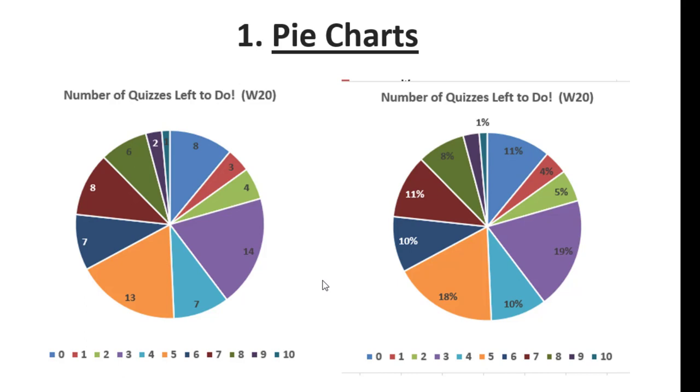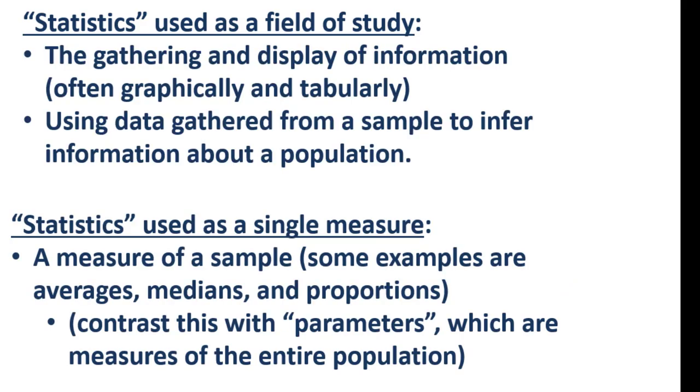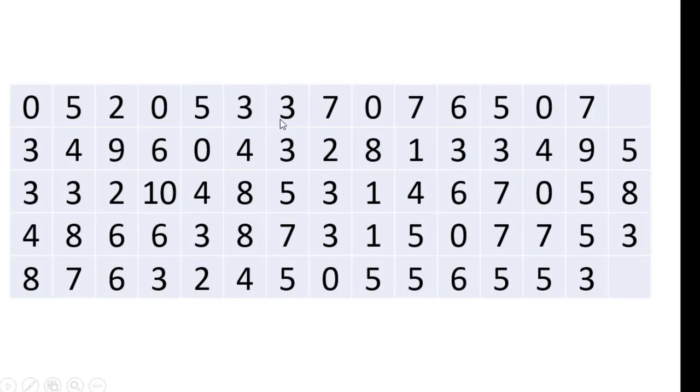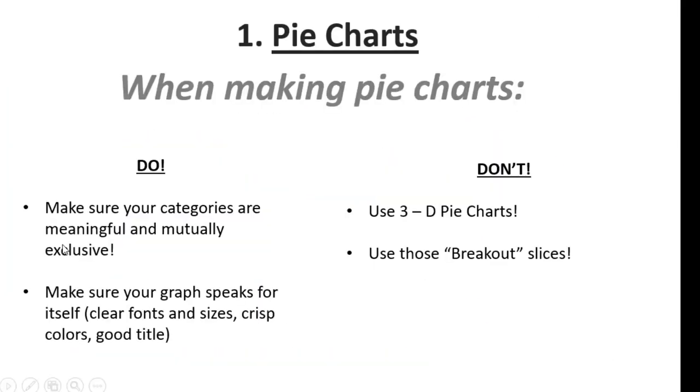And mutually exclusive, meaning any one of these students right here is in one of the groups and is in no other group. So if you're in the group for 0, you cannot be in this group for 3. If you're in the group for 8, you cannot be in the group for 5. Another word for mutually exclusive is disjoint.